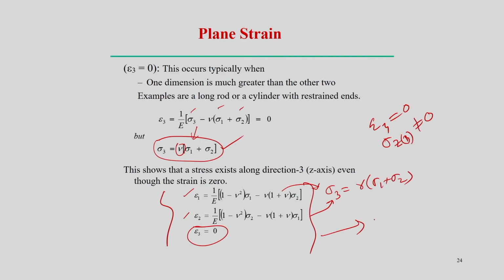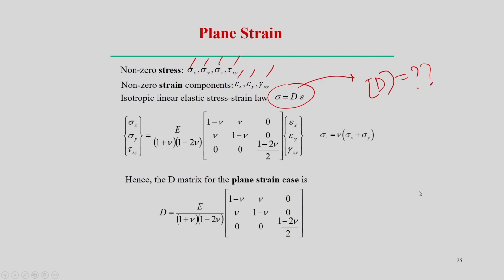That means we can represent sigma 1 in terms of epsilon 1 and epsilon 2, similarly sigma 2 in terms of epsilon 1 and epsilon 2. Then from there we can form the relation between the stress and strain components.